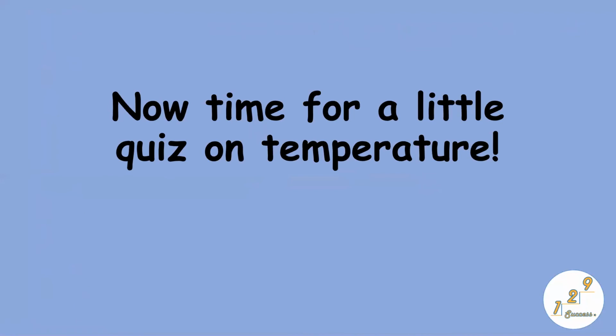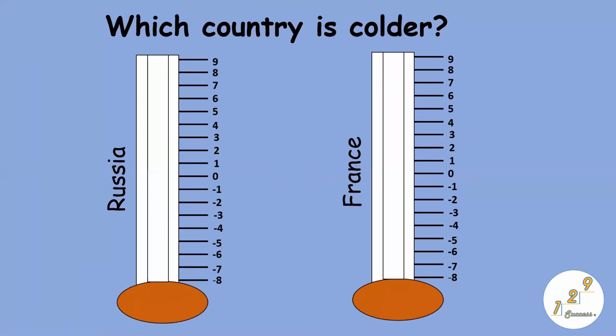Now we've got time for a little quiz. After each one, press pause, have a think, write your answer down, and then press play to see if you got it right. Number 1. Which country is colder? Is it Russia or is it France? Press pause, write down your answer, then press play.